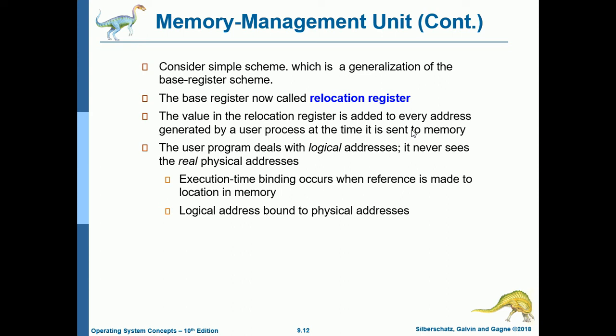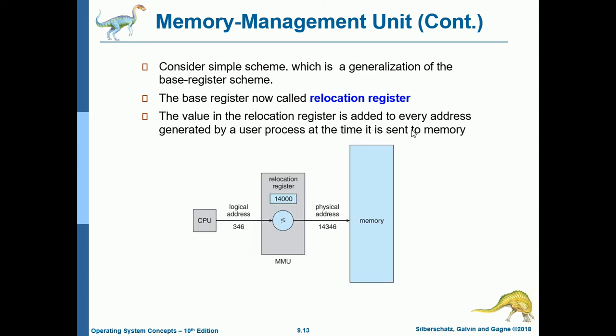The value in the relocation register is added to every address generated by a user process at the time it is sent to memory. The user program deals with logical addresses. It never sees the real physical addresses. Execution time binding occurs when a reference is made to a location in memory and the logical address is bound to a physical address.